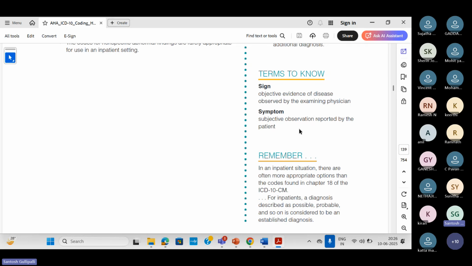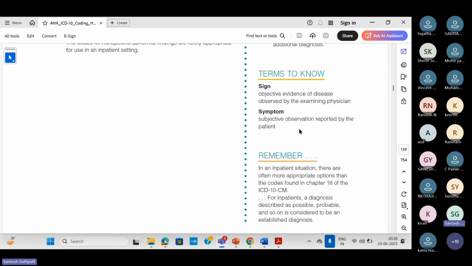For example, the patient comes for shortness of breath and fever, and the physician confirmed pneumonia. At that time you can code only for pneumonia. Do not code for symptoms along with the definitive diagnosis. Understand, guys? That is a very important guideline for all chapters.